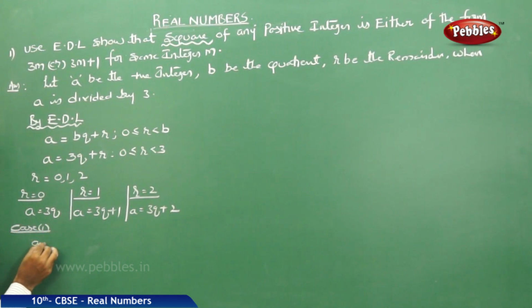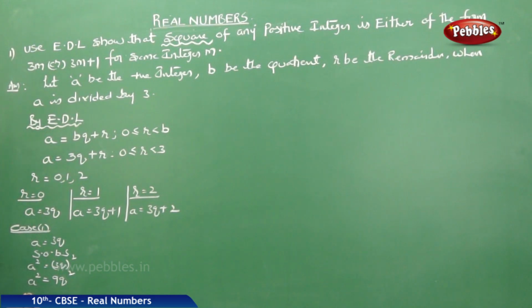Case 1. a is equal to 3q. Squaring on both sides, a square is equal to (3q) whole square. a square is equal to 9q square.